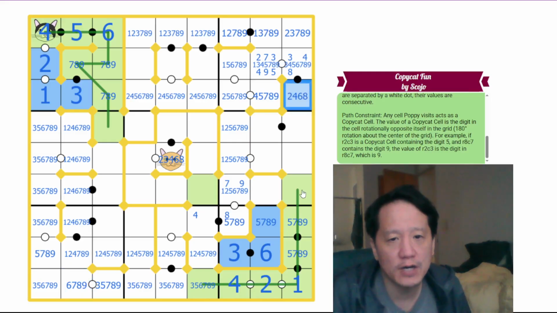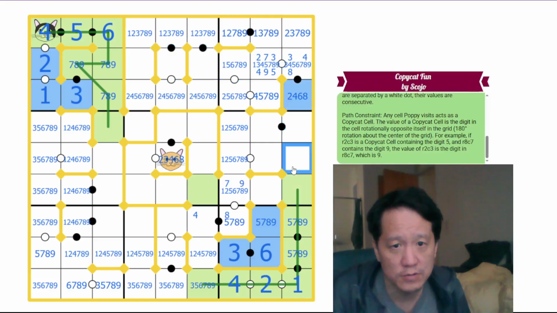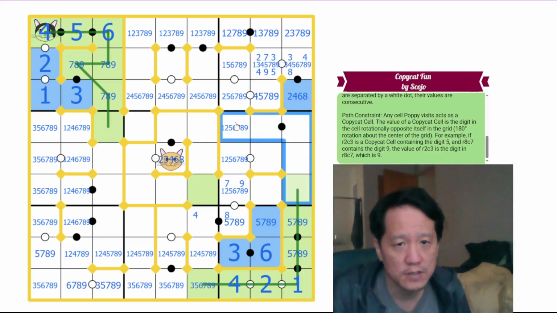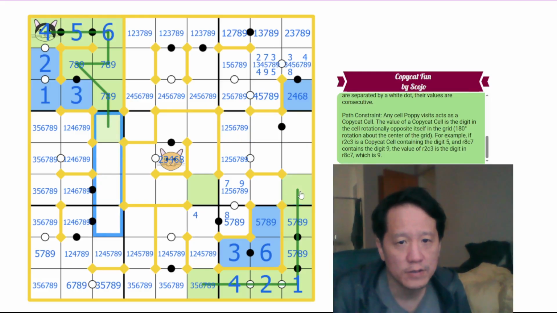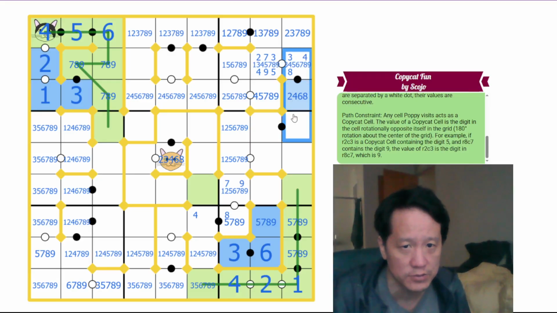Oh, this can't be copycat, so it cannot go through all of this. That's interesting. So if this goes this way, that means this has to connect through here because it can't connect through this part.